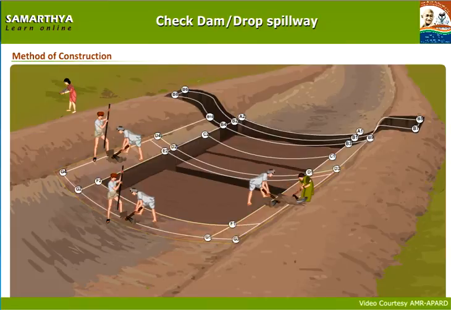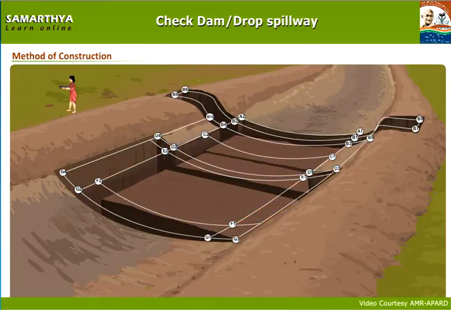Dig foundations with 0.90 width from the bottom levels of the stream at 0.90 meters depth and deposit the excavated soil away.